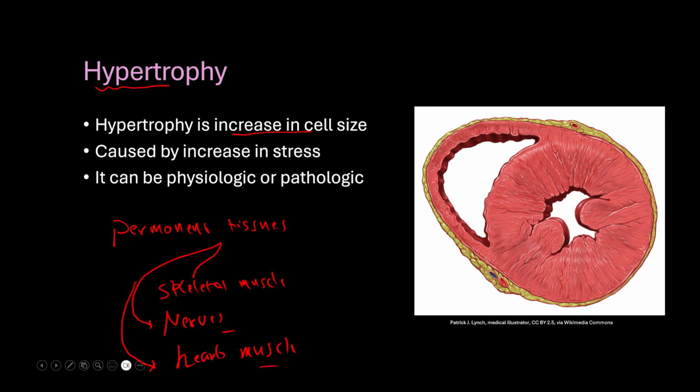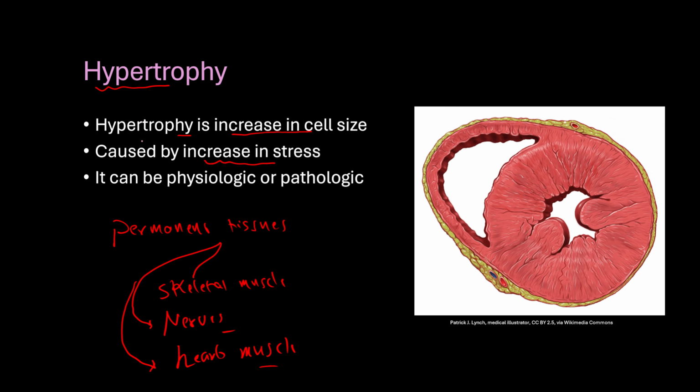The permanent tissues are tissues that can't divide, so because they can't divide, they cannot undergo hyperplasia. They can only undergo hypertrophy in case there is an increase in stress. Again, hypertrophy is an increase in cell size and it is caused by an increase in stress. So when there is an increase in stress on a specific tissue, this will lead to hypertrophy.